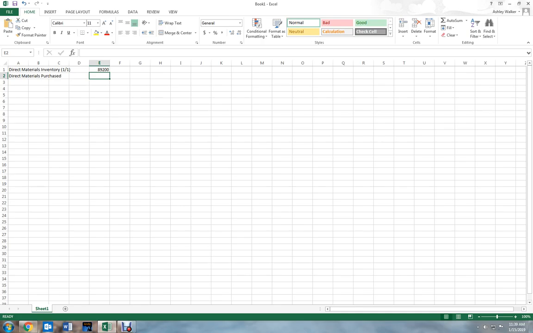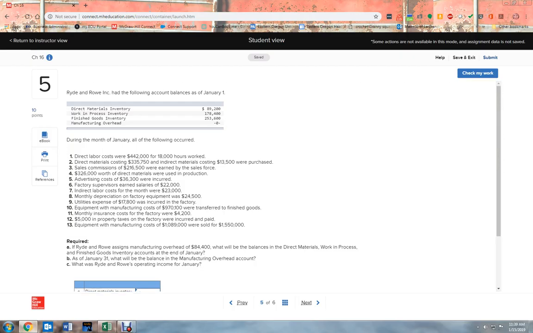So I need to look and see how much in direct materials purchases I had. I'm going to look through my transactions. Direct labor costs, that's not what I'm looking for. Direct materials costing $335,750 and indirect materials costing $13,500 were purchased. Bingo. That's what I'm looking for.